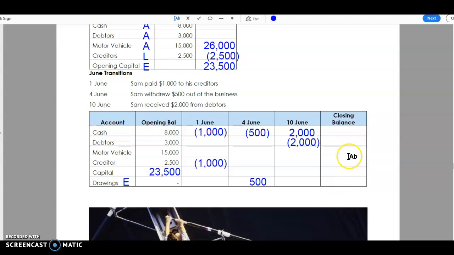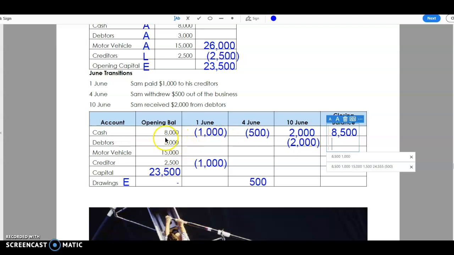Now to calculate the closing balances, we just add up everything along each row. So cash starting opening balance was $8,000, minus $1,000 is $7,000, minus $500 is $6,500, add 2 is $8,500 closing balance.